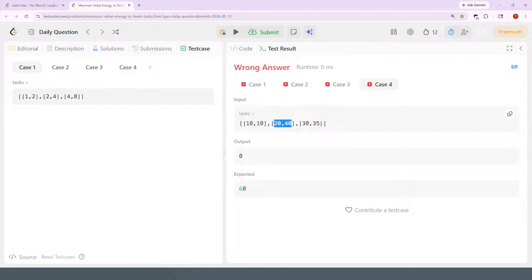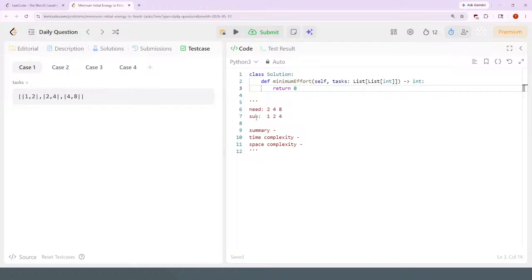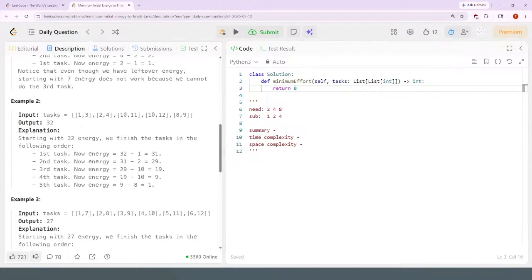Then you do this one, that brings it down to 10. And then you do that one. Huh. Oh, indeed. Oh, a certain energy, and then you start subtracting.